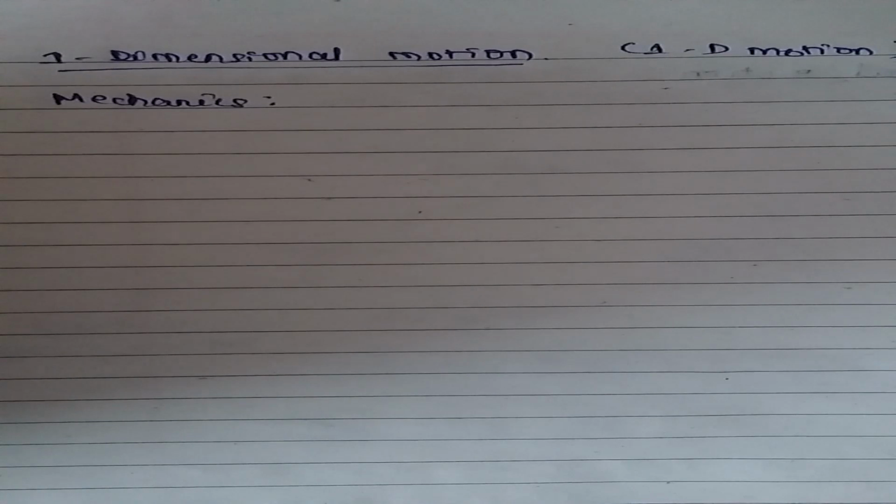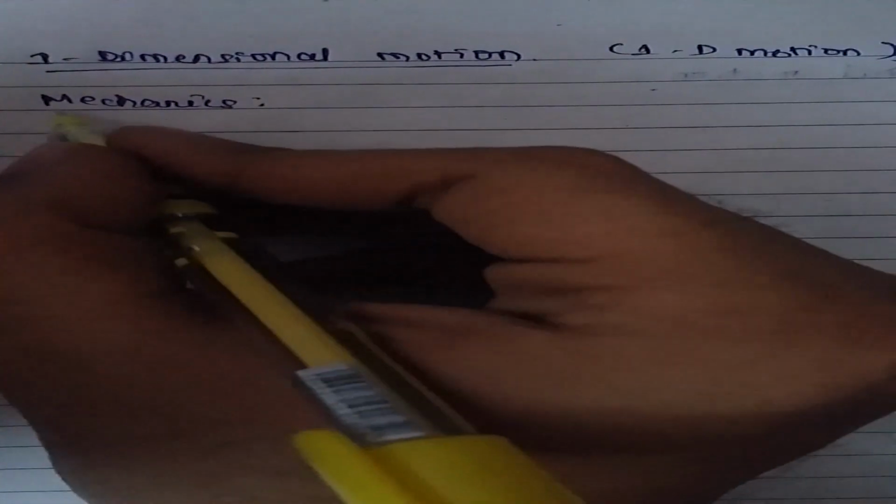Before going to one-dimensional motion, it is necessary to know what is meant by mechanics, because one-dimensional motion comes under the branch of physics called mechanics. Here the word mechanics sounds like machine.